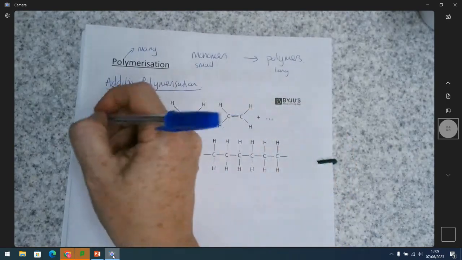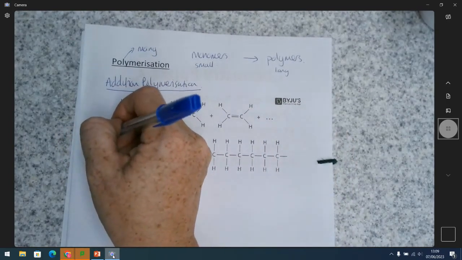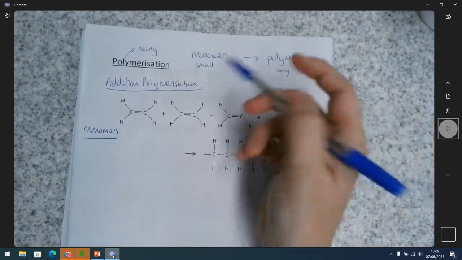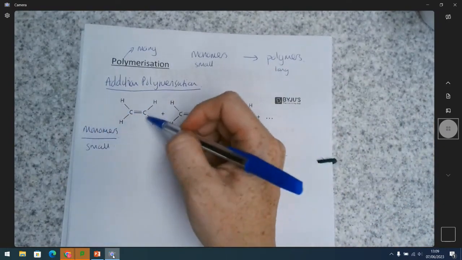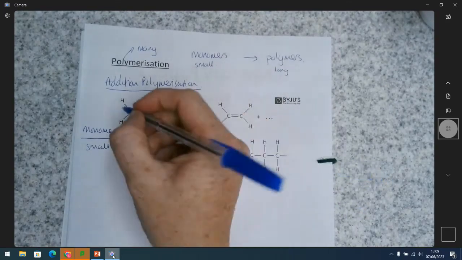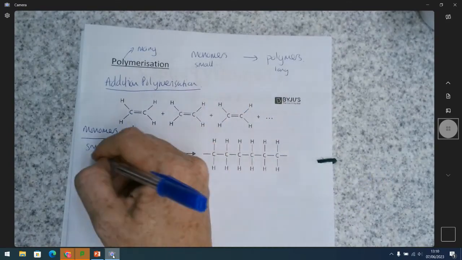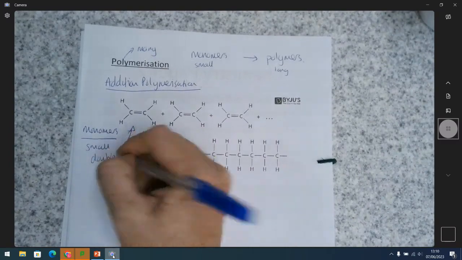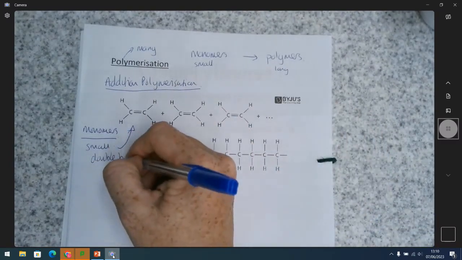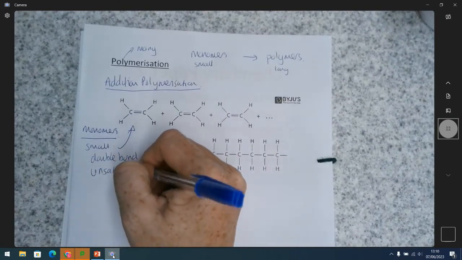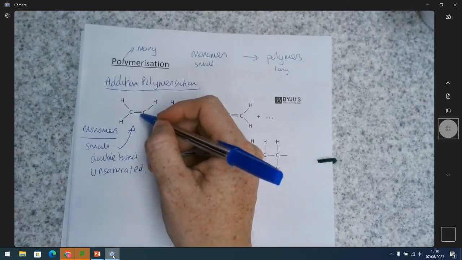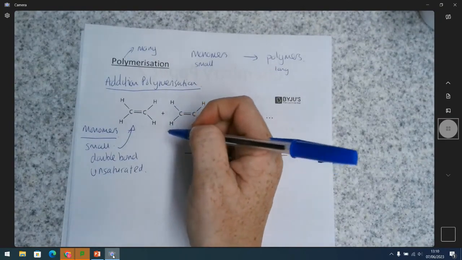So to start with, you need to know a little bit about what makes something a monomer. It's usually a small molecule. As you can see here, I've got my small molecule, and in this case it's got that double bond, which we've talked about before, which means that it is unsaturated. What that means is that the bond can quite easily break if you give it the right conditions.